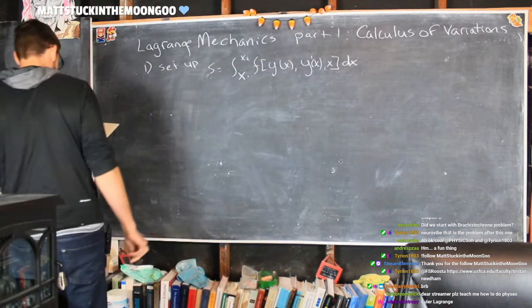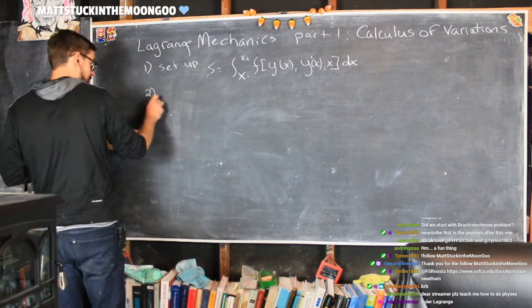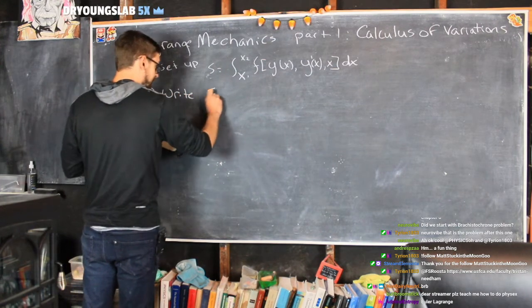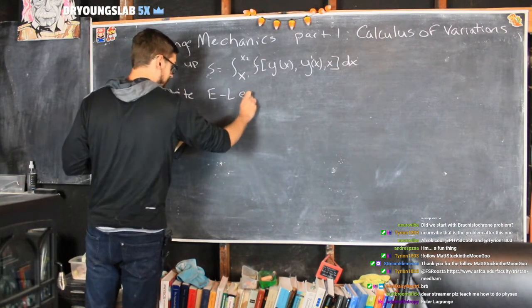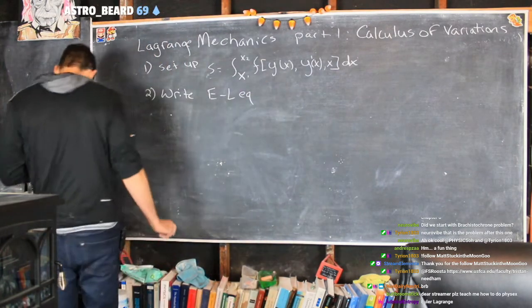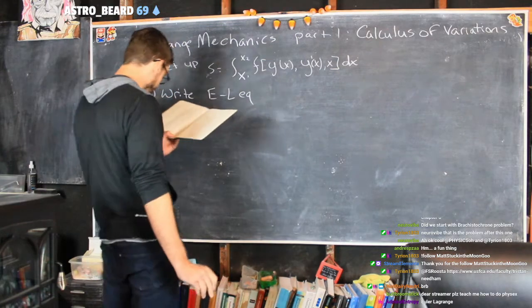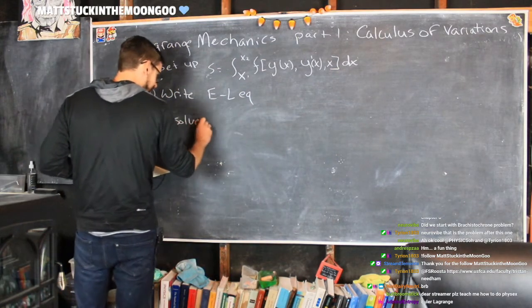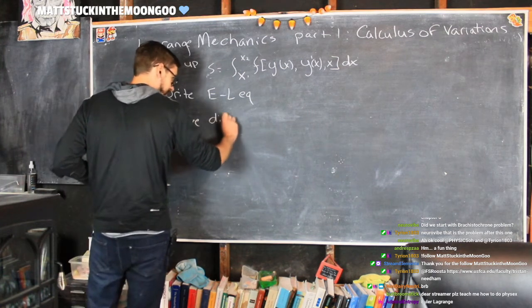Write down the Euler Lagrange equations in terms of our new f of y prime and x. And then 3, solve the differential equation.